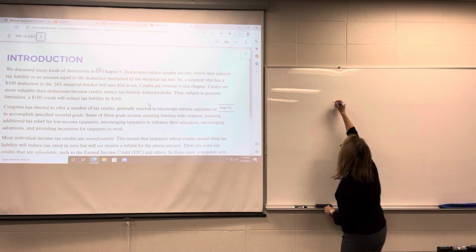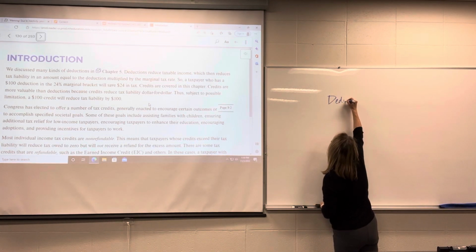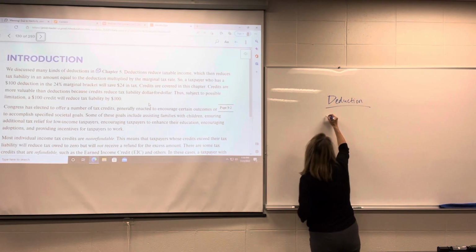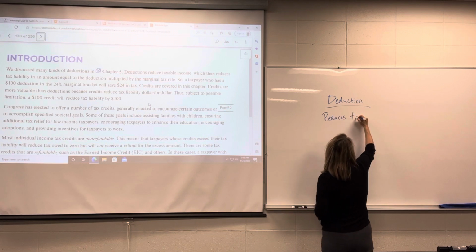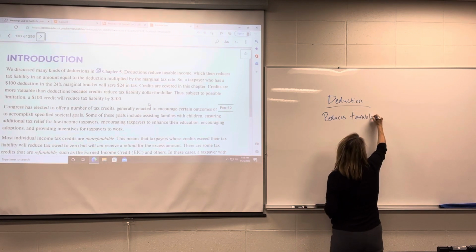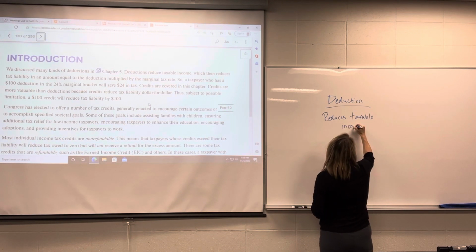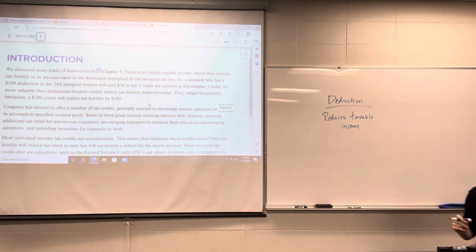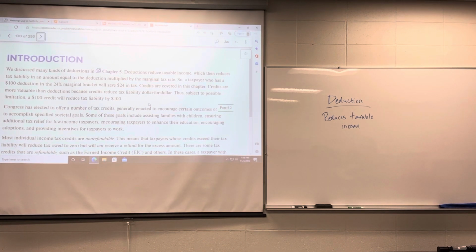So a deduction reduces taxable income. So think about that. Taxable income is calculated at the bottom of page 1 on the 1040, right?